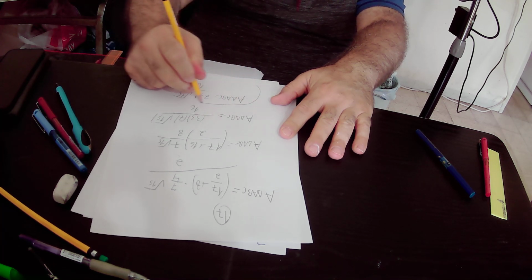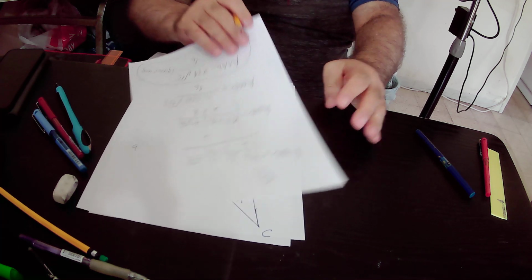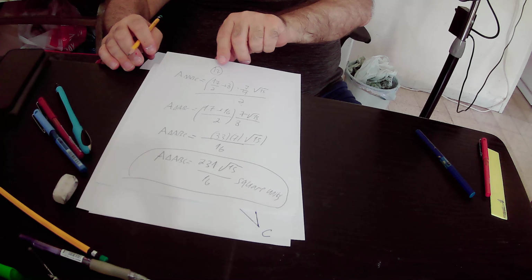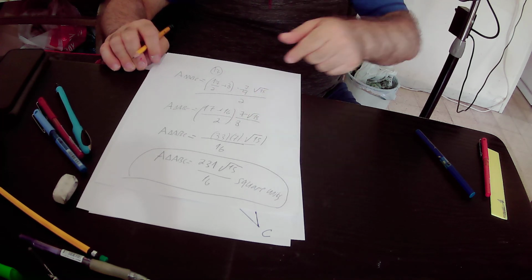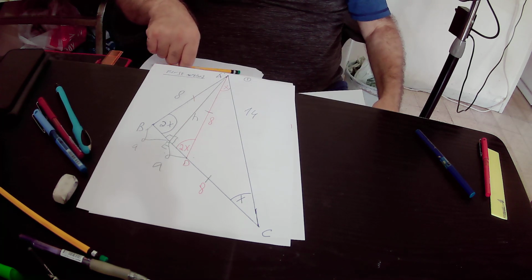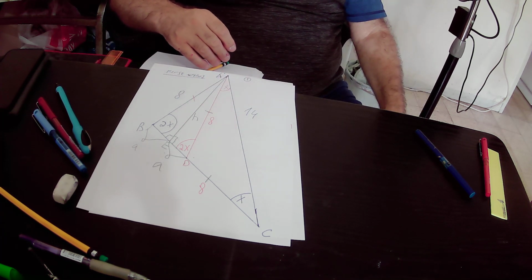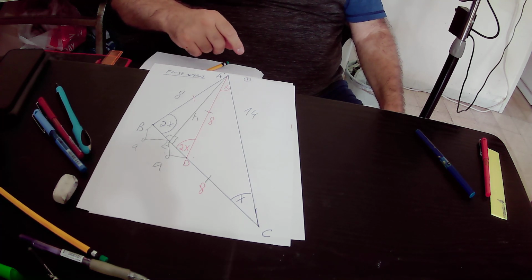Okay, so the final answer to the question is that the area of triangle ABC equals 231 times root 15 over 16 square units. Again, the area of this triangle ABC equals 231 times root 15 over 16 square units.